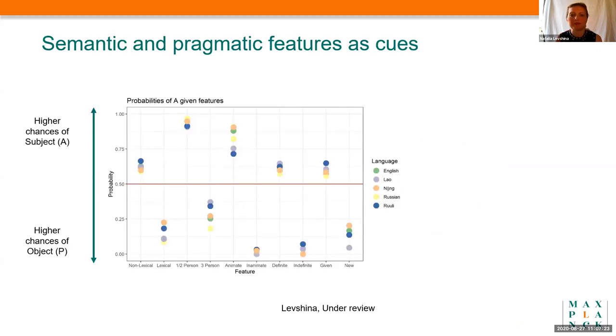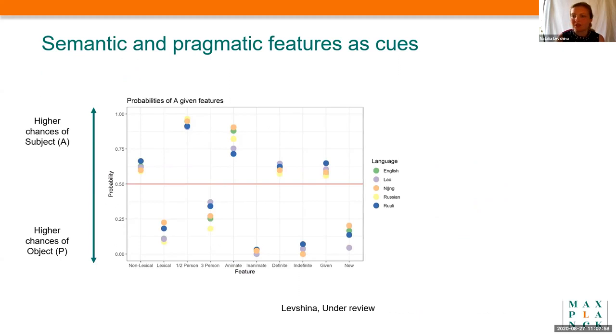For example, this is some data from 5 spoken corpora in English, Lao, an African language, Russian, and Ruli. The data show that non-lexical arguments, pronouns mostly, first and second person arguments, animate NPs, definite and given NPs, are more likely to be agents than patients, and A than P, subjects and objects.